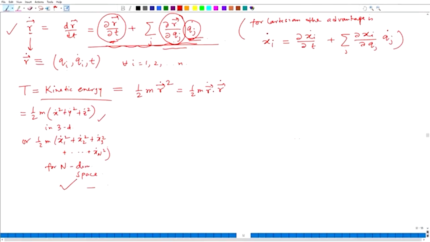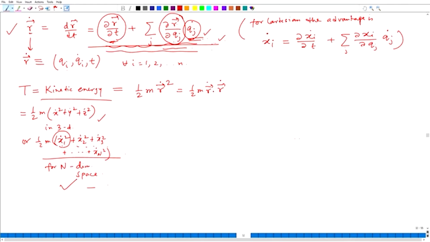If you know the expression of every xi dot in terms of time, the generalized coordinates and generalized velocities, then you should be able to write the expression, and I am writing it now.